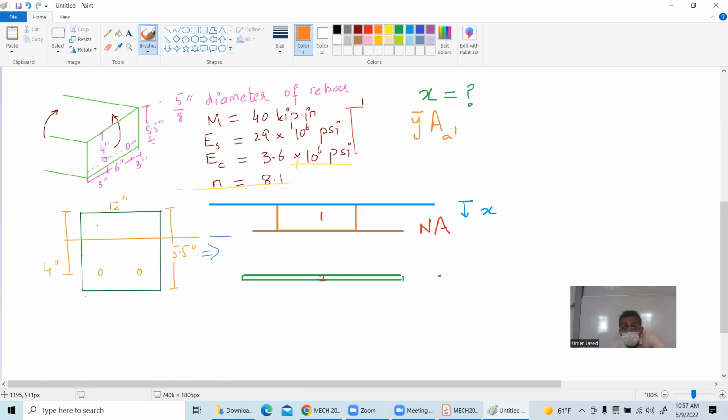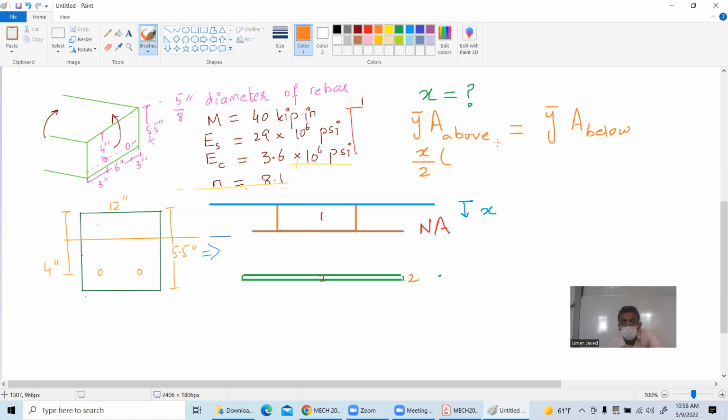I understand the confusion, by the way. Y dash A above is equal to y dash A below. So what is y dash? Y dash is x by 2, from the reference line to the centroid of this rectangle, which is my 1. This fellow is my 2, right?